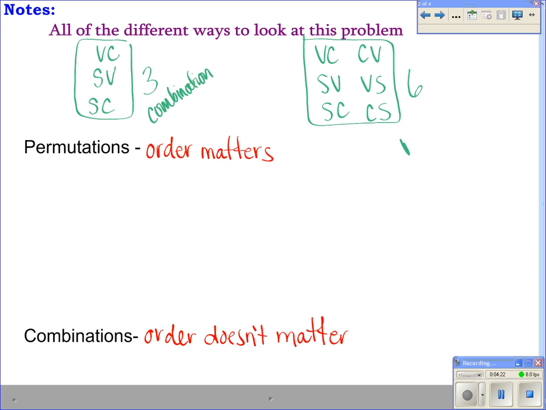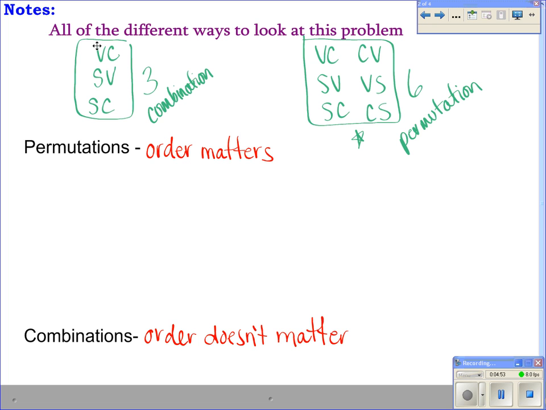This is a permutation, because this person is saying that it matters whether or not the vanilla is first or second. So I'm going to count all of the cases. So that's a permutation because the order of them makes it a whole new case or a whole new ice cream cone. The difficult part about determining whether it matters or not is students tend to overthink these problems.